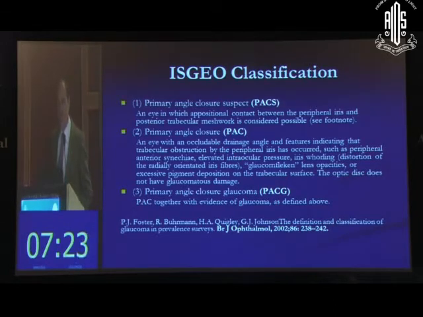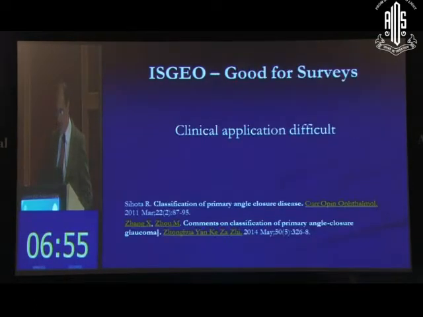As per this classification, which is now a more widely accepted and followed classification, it tries to differentiate between PACG, PAC and PACS, because the way we define glaucoma is that you have to have end organ damage like optic neuropathy. So people who have optic neuropathy are the PACG, and others are people who have a risk, and they could be PACS or PAC. You can find the detailed classification in the BJO in 2002.